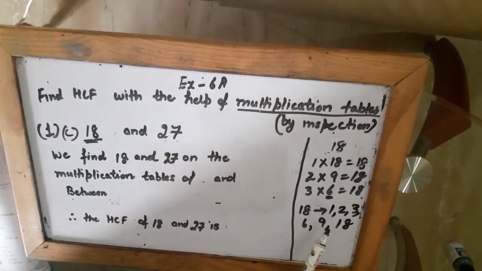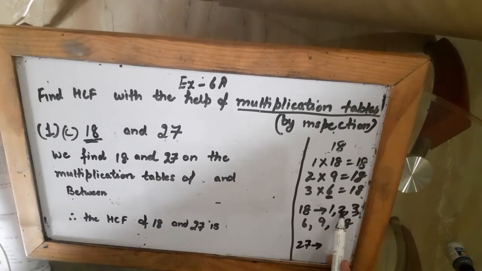Now from these factors I will find out whether these are the factors of 27 also. Like 1 is a factor of every number. So 2, is 2 a factor of 27? No, because on the table of 2 we don't have 27. 3, is 3 a factor of 27?